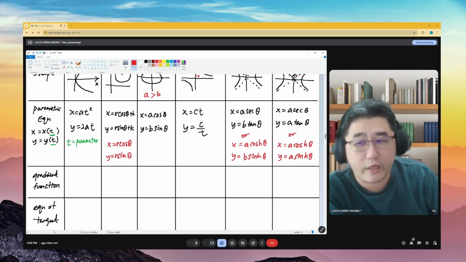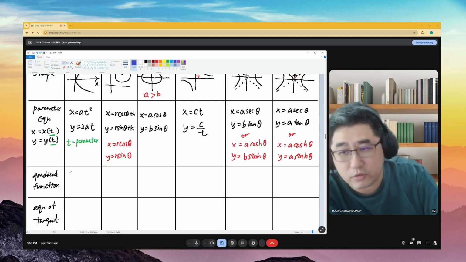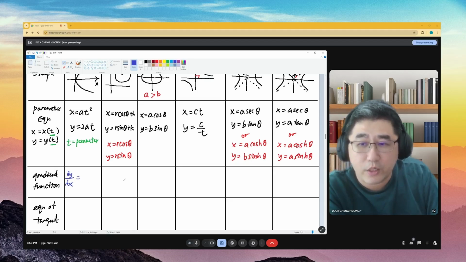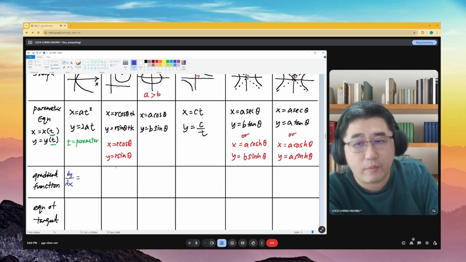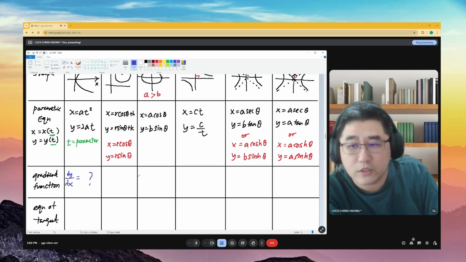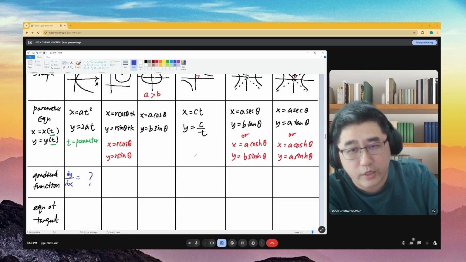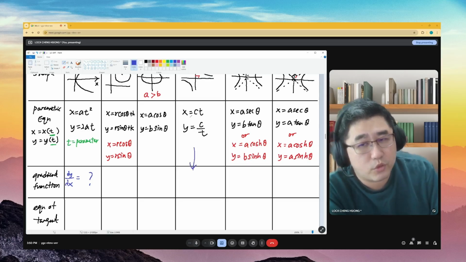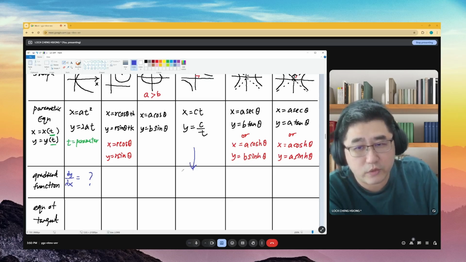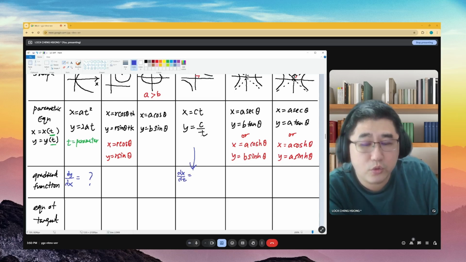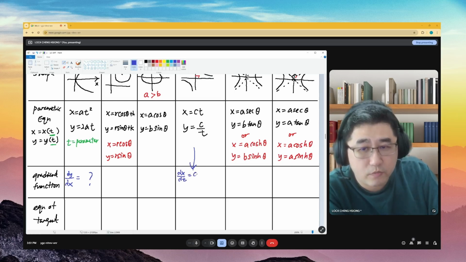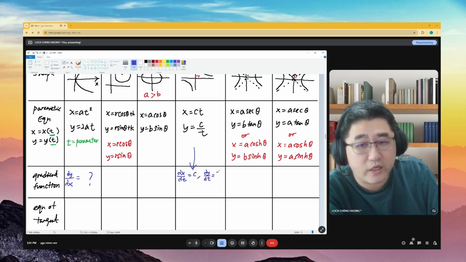Then I want to get the gradient function. So what exactly is the gradient function? The gradient function is in the form dy/dx equals something. Since I have this parametric equation, how do I get my gradient function? Let's use this example: x equals ct, y equals c over t. So I have dx/dt equals c, and dy/dt equals negative c over t squared.